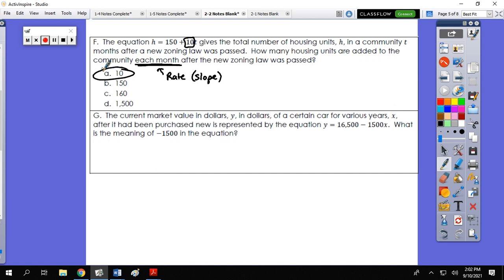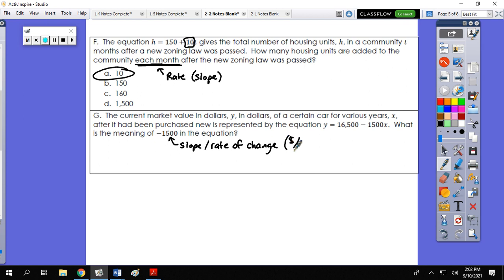Current market value in dollars y of a certain car for various years x after it has been purchased, new, is represented by the equation y equals 16,500 minus 1,500x. What is the meaning of the negative 1,500 in the equation? Well, that is the slope or the rate of change. The reason I'm writing that down is because we should know that that means that there is a rate of change of negative $1,500 per month.